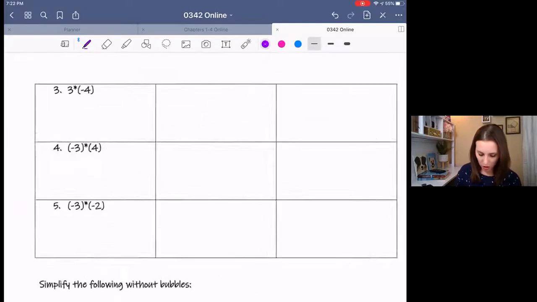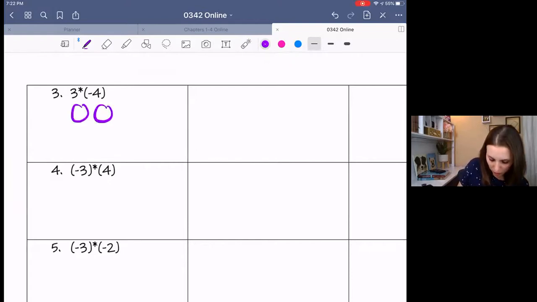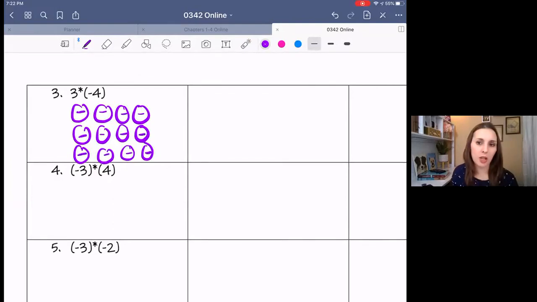Next page. You might pause it and try these on your own first and then hit play to check them. This is 3 rows of -4. 1, 2, 3, 4, all negative. You could use a different symbol if you wanted. You can even color in the bubbles, where the colored in bubbles are negative or whatever.